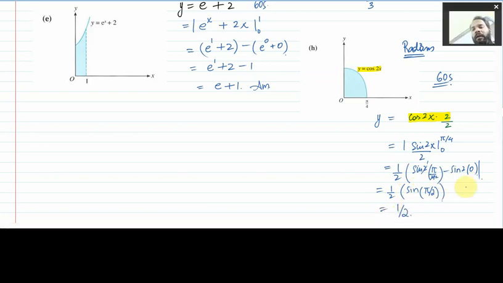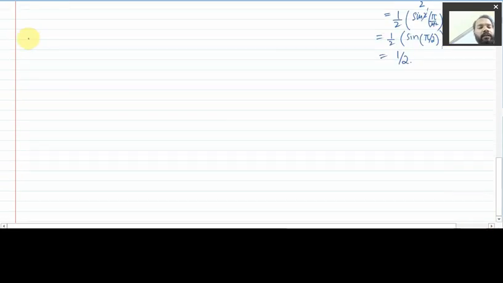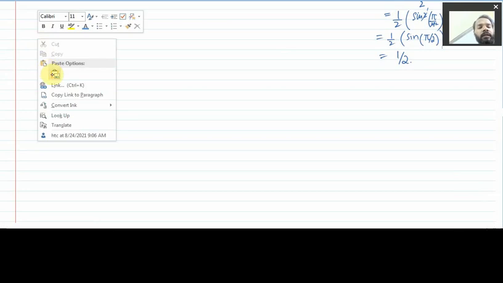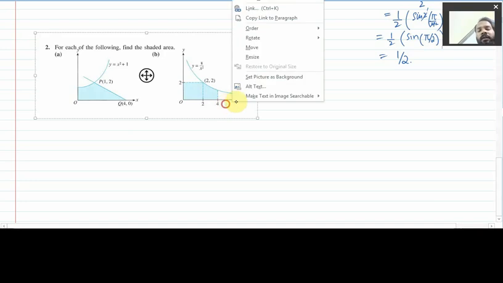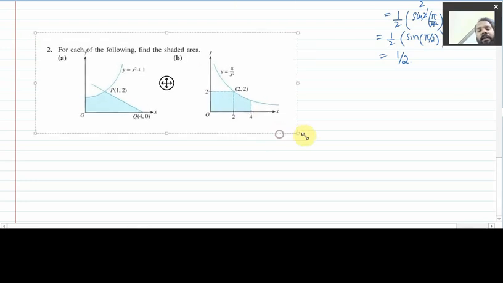Alright, so after this question, moving on towards the next question, question number 2. So we have two parts, and if you observe, you have a curve and a line. If we focus on the first part, the goal is the same, that we need to find the area of the shaded region, right?